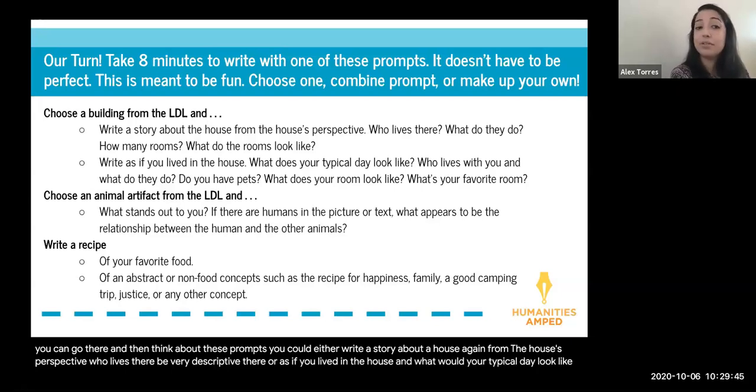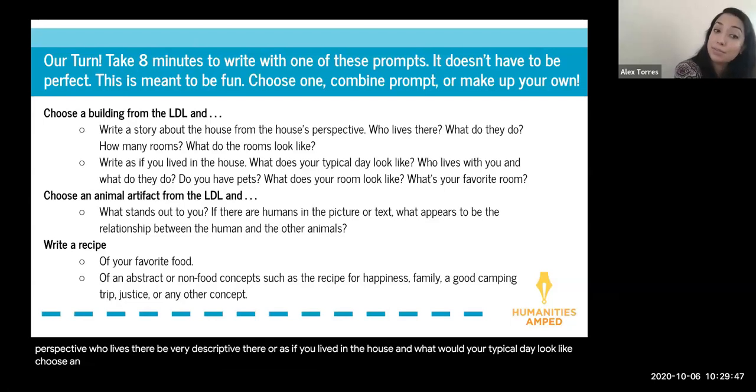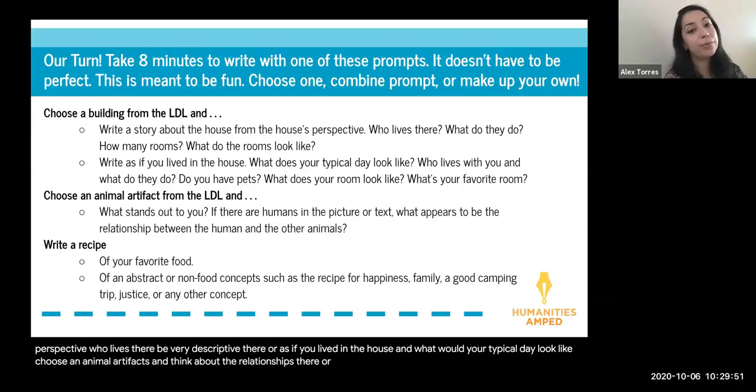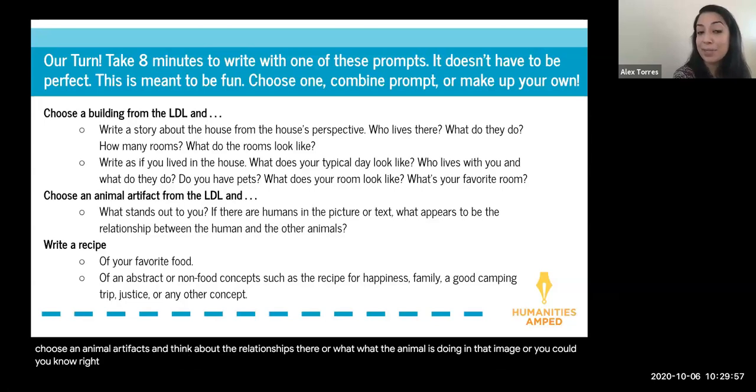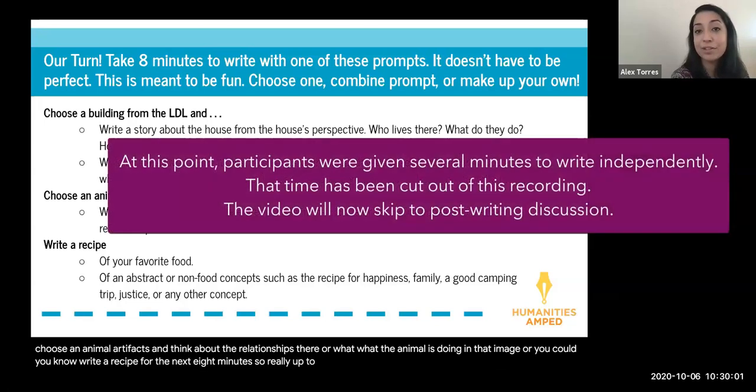You could also choose an animal artifact and think about the relationships there, or what the animal is doing in that image. Or you could write a recipe for the next 8 minutes. So really up to you.